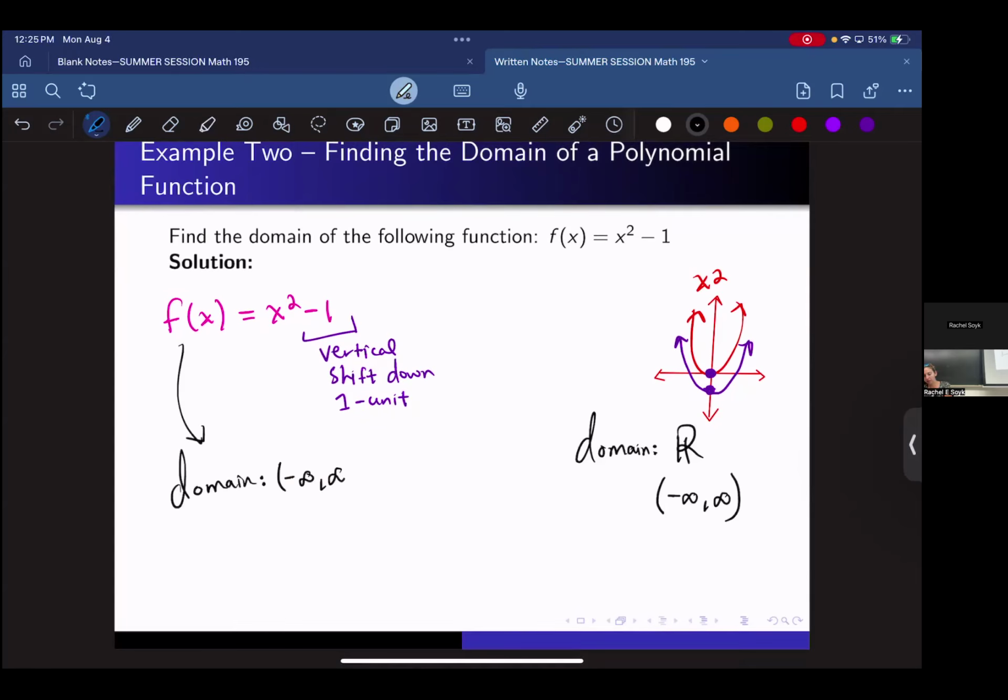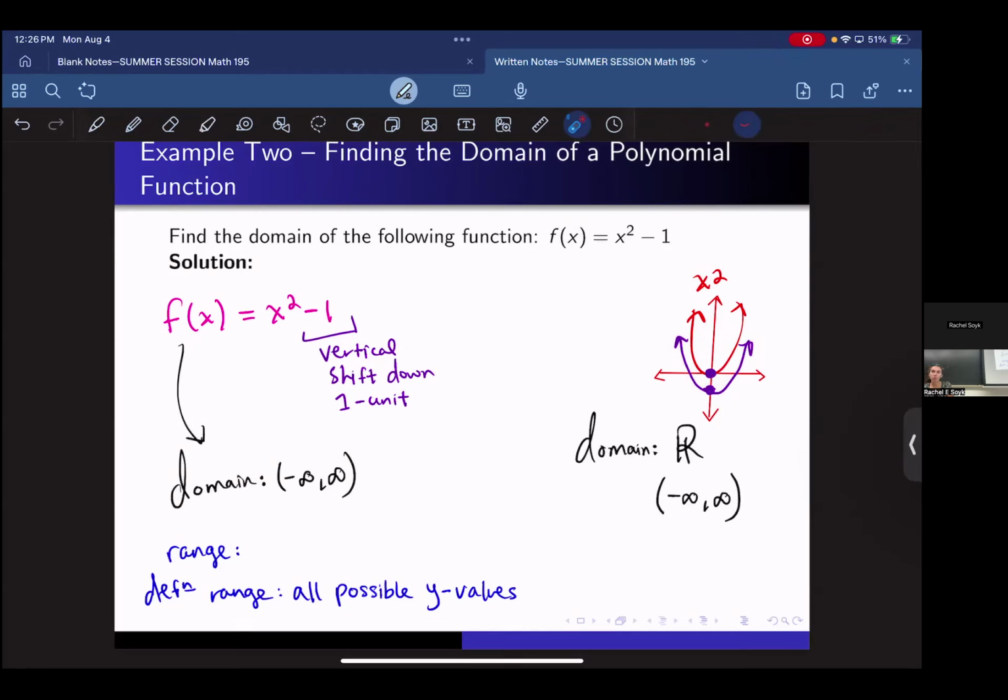I know it doesn't ask us this, but it's important to know how to find your range too, even though it's less common. Our range, again, definition, is all of your possible y values. And so if we're looking at x squared minus 1, which is what we have in purple on that graph, what are all of our possible y values?